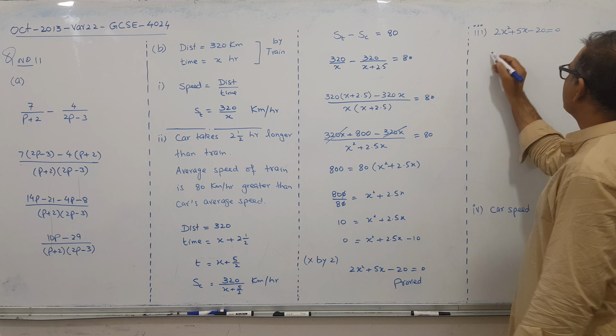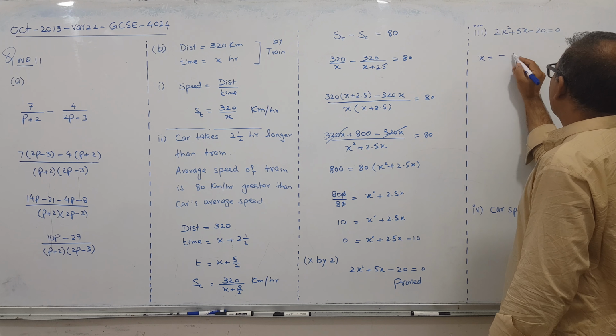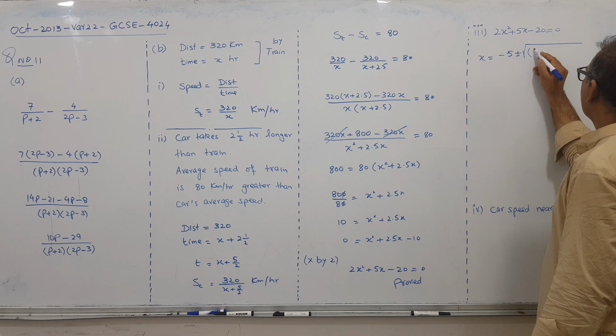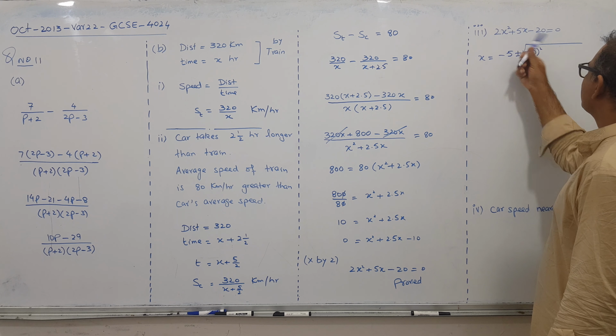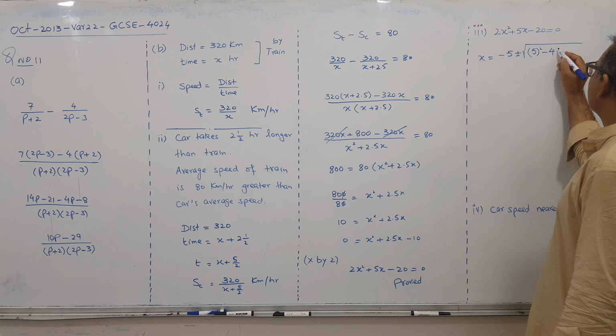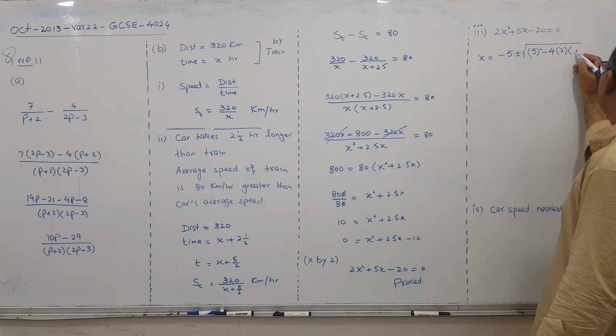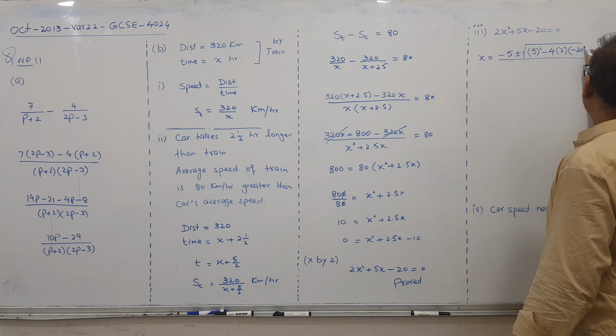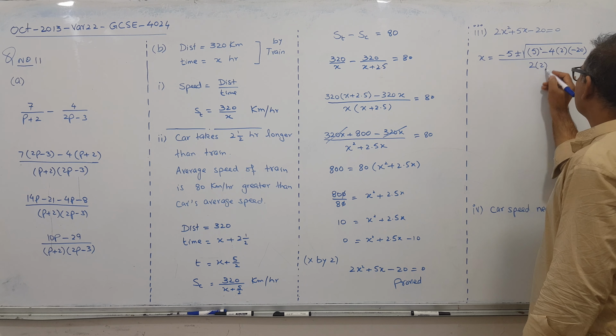A is 2, b is 5, so the formula you know, minus b plus or minus root of b squared minus 4ac, b is this, a is 2 and c is minus 20, all over 2a.